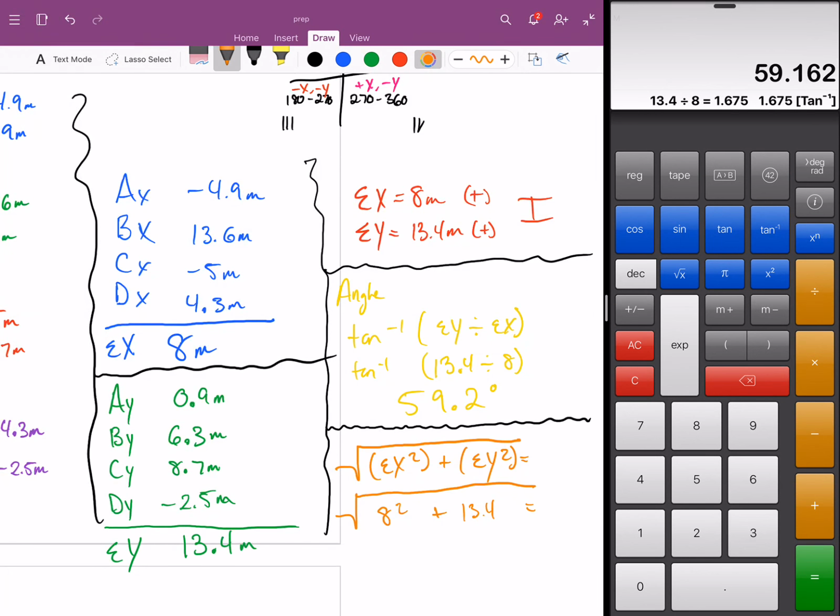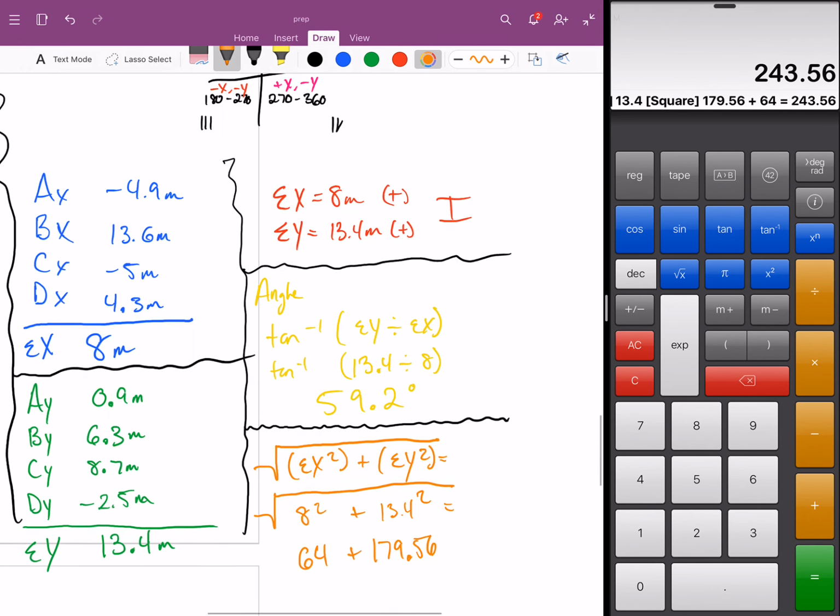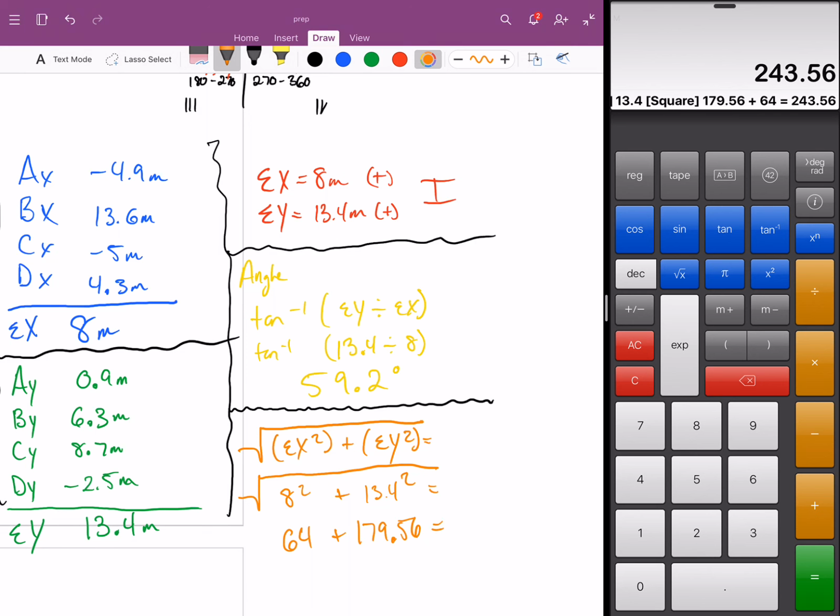Let's do this separately. 8 squared is 64. 13.4 squared is 179.56. Add them together: 243.56.